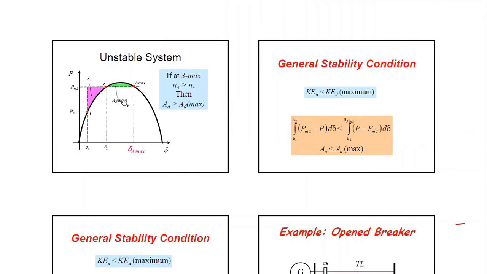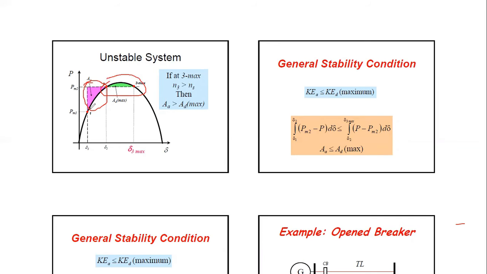So this is what I was mentioning about the unstable system. When the acceleration area is not equal to the deacceleration area, you can clearly identify that area AA is much greater compared to area AD.